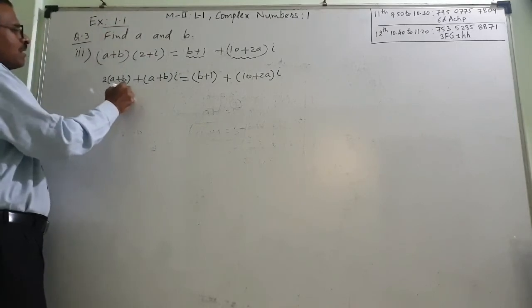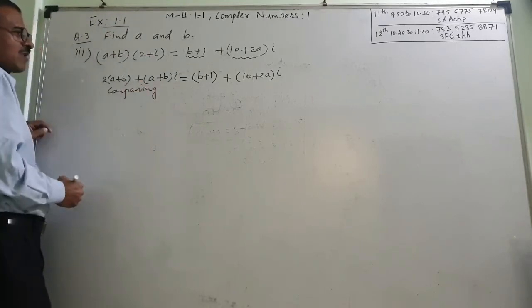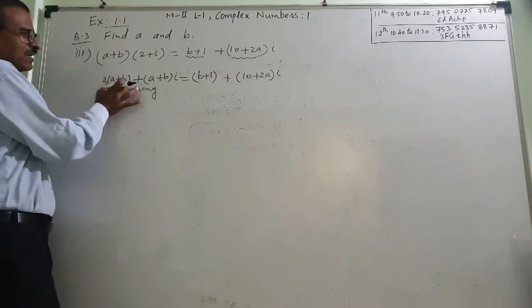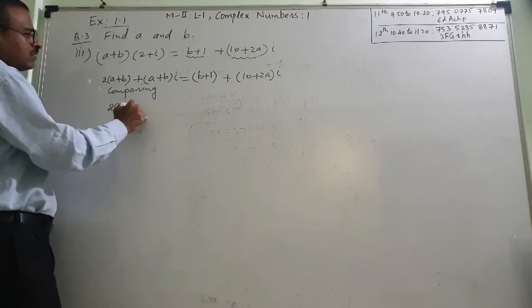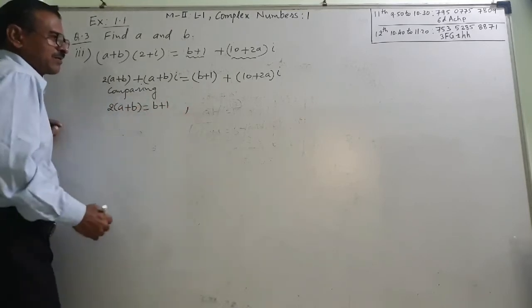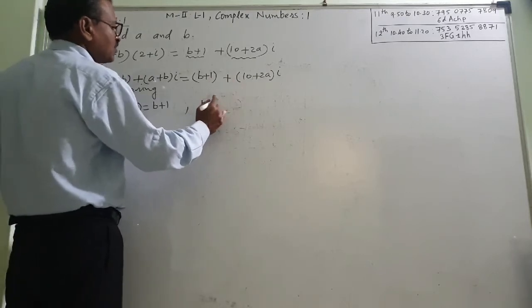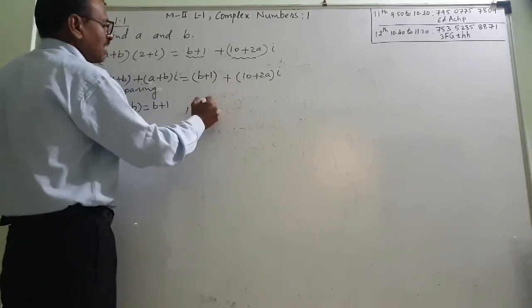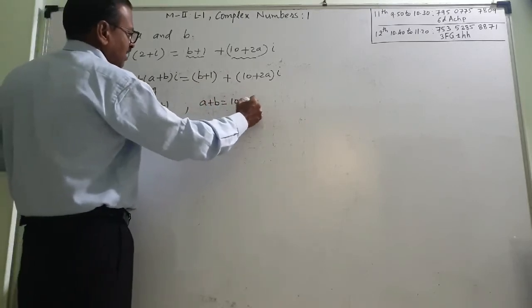Comparing the real and imaginary parts, I will use the shortcut now. This is the real part, this is the real part: 2a plus 2b is equal to b plus 1, and a plus b is equal to 10 plus 2a.